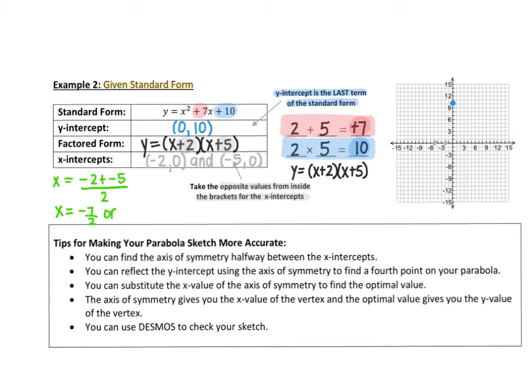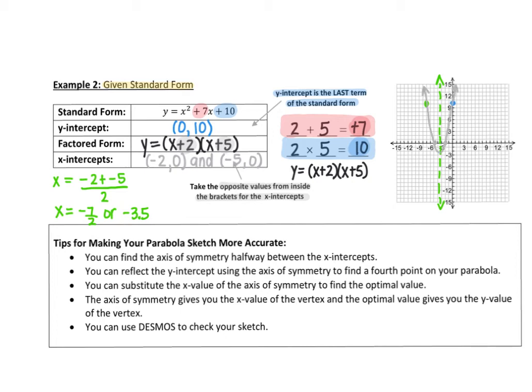And when we divide that by 2, we will get negative 3.5. This means that our axis of symmetry can be placed at x equals negative 3.5. We can use the axis of symmetry to reflect the y-intercept and plot a fourth point for our parabola. We could sketch the parabola roughly at this point through the 4 points that we have plotted.